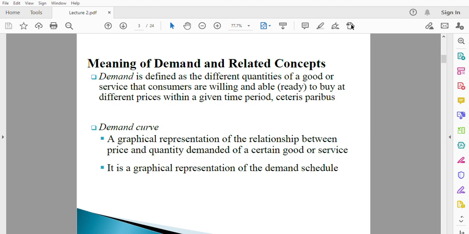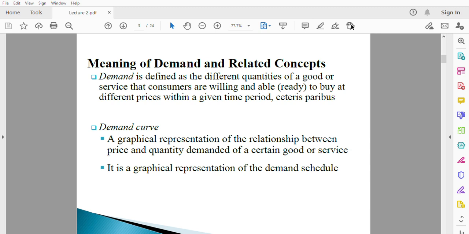So what is demand? What's the meaning of demand? Demand is defined as the different quantities of goods or services that consumers are willing and able, or ready, to buy at different prices within a given period of time, ceteris paribus. Ceteris paribus means all other things being equal.